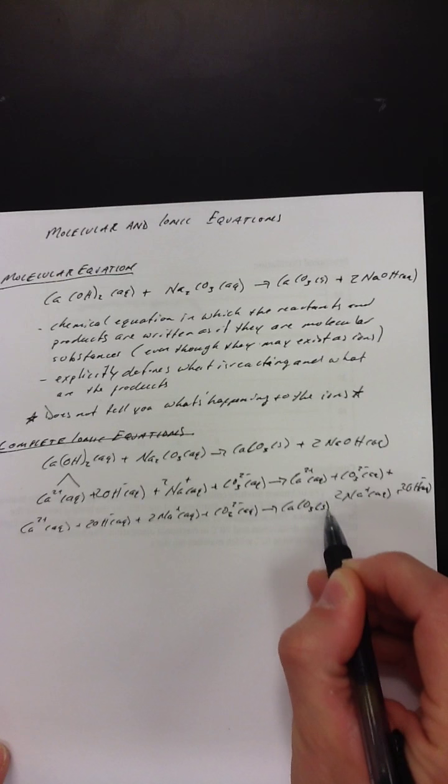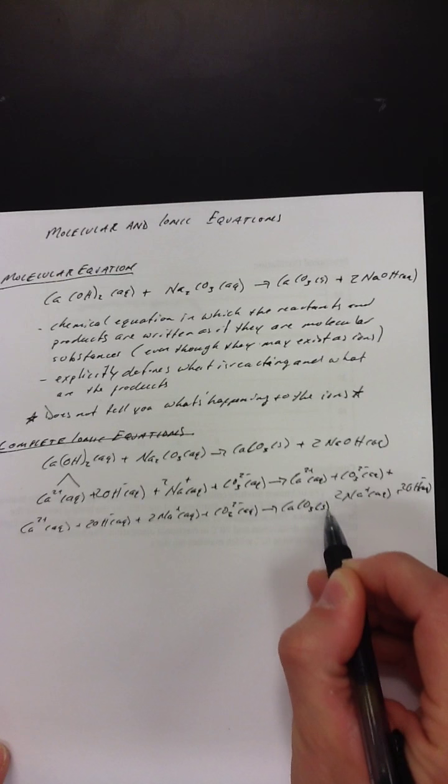So we have calcium, Ca2+, which is aqueous, plus 2 hydroxide, which is aqueous, plus 2 sodium, which is aqueous, and carbonate yields calcium carbonate, which we said we can keep just as solid, plus 2 sodium and 2 hydroxide. Okay, so here is the complete ionic equation.